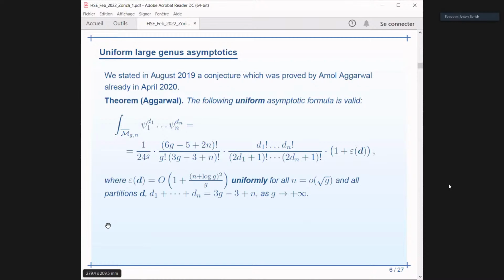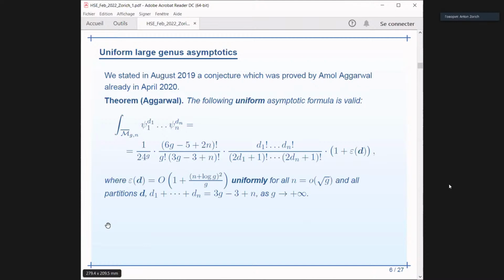You use Stirling formula. You use approximation. So here, this theorem of Agarwal gives a uniformly good approximation of all these intersection numbers when genus is sufficiently large and when the number n is not too large compared to genus.